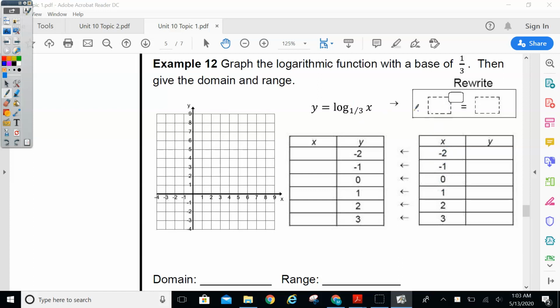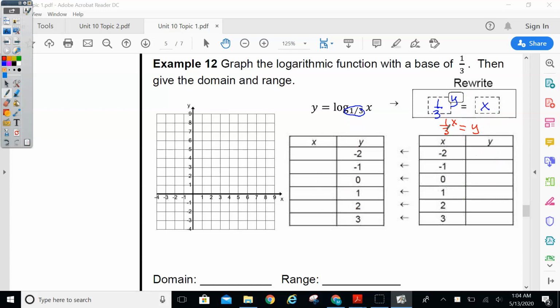So here, the base is 1/3, and then the exponent is y, and the argument is x. But then we need to switch them around. So the table for this one is going to end up being 1/3 to the x is y, because for inverses, we have to switch the x and the y. So this is the table I'm going to make here, and then I'll switch it back around for this one.